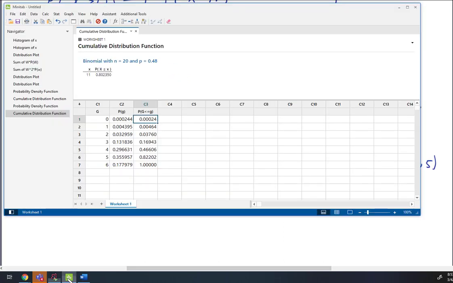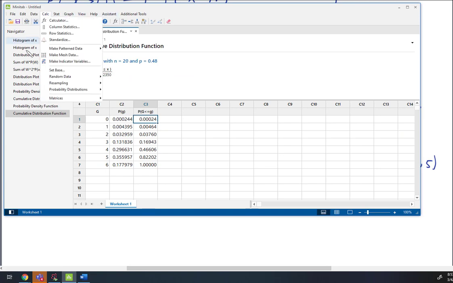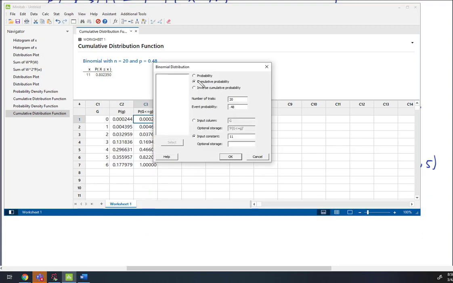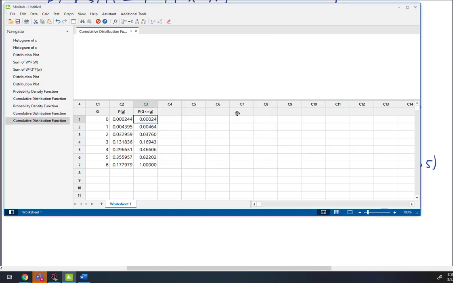And let's just zip over to Minitab, and we want to calculate a probability distribution that is a binomial, and we want the cumulative, and the number of trials is 21, and the probability of success is 0.9005, and we're going to use an input constant of 19, and this will calculate the probability that our random variable X is less than or equal to 19, and that's what we said we wanted.